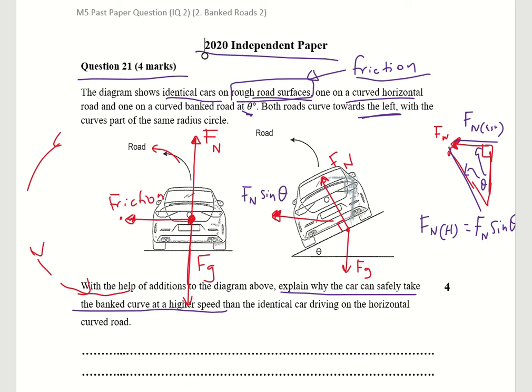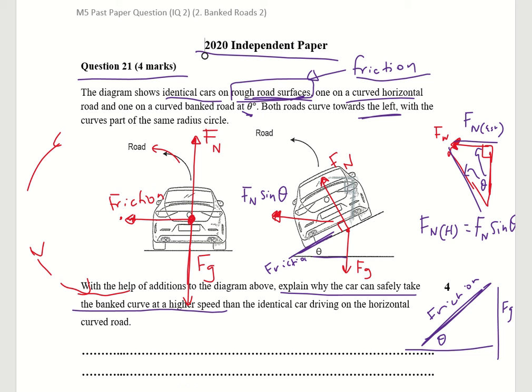The next thing I need to realize is this is on a rough road. So if it's a rough road, there is also friction here. So if I draw friction out again, I'll draw it over here. This is friction, the value of friction. And we're using this triangle here. This is our weight force.